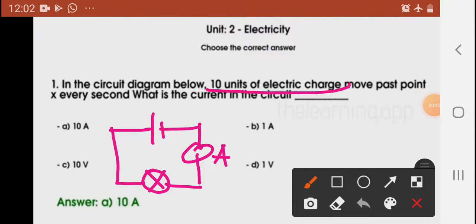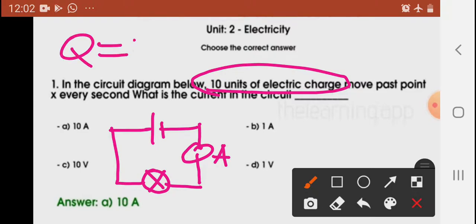The electric charge is 10 units. So charge Q is equal to 10 coulomb. The unit of charge is coulomb. So 10 units of electric charge move past point X every second. So time is equal to 1 second.